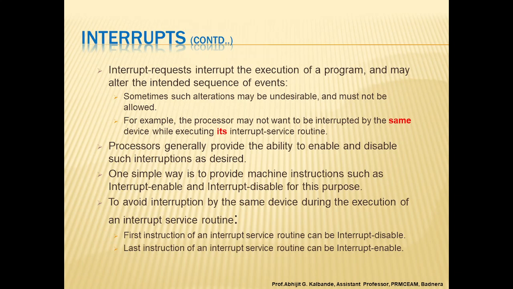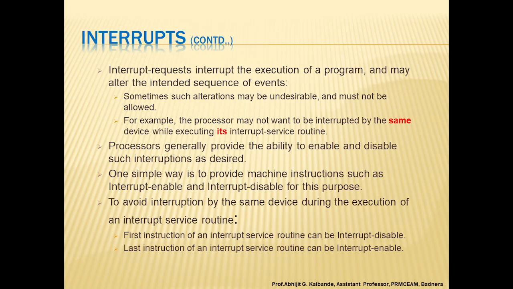For example, the processor may not want to be interrupted by the same device while executing its interrupt service routine. The processor generally provides the ability to enable and disable such interruptions as desired. One simple way is to provide machine instructions such as interrupt enable and interrupt disable for this purpose.